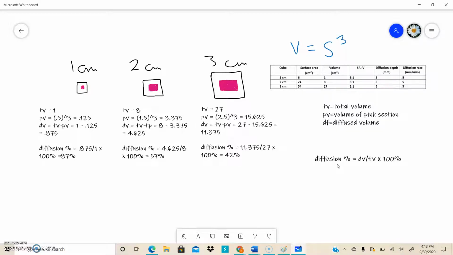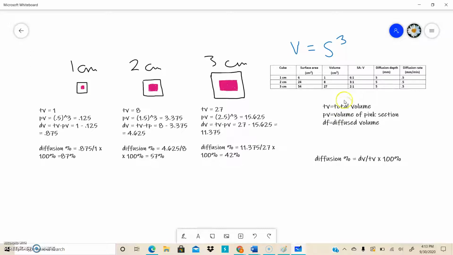A different way to go about it that one of your classmates suggested is, instead of looking at the diffusion depth, to allow the acid to diffuse completely and clear out the entire cube and to focus on recording the time. So to make the time the dependent variable, that is also a good way to go about it. I am going to ask you to stick to this option. Okay, so let me show you how you are to do this.